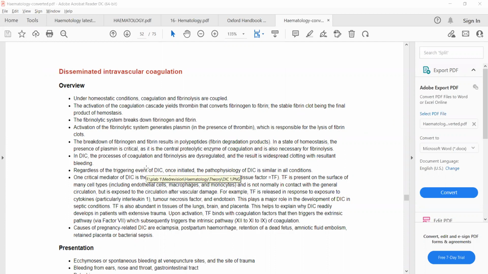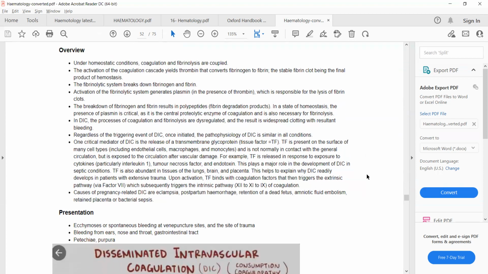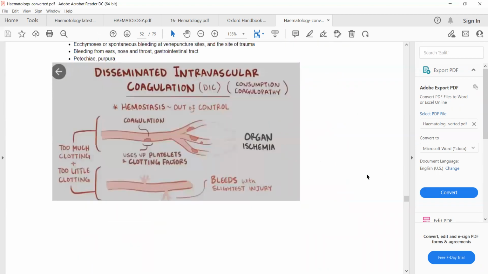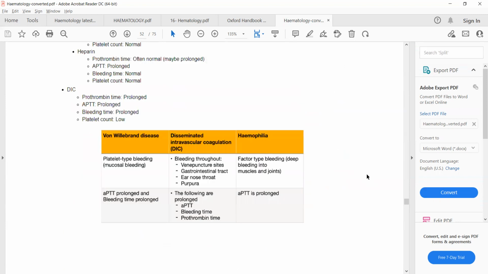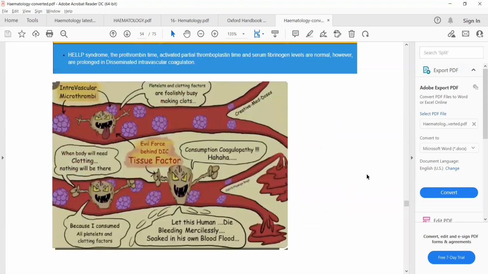Now, what happens in DIC? This balance is disturbed. There's a dysregulation of coagulation and fibrinolysis. You can see in this diagram, remember that the main culprit in DIC is tissue factor.